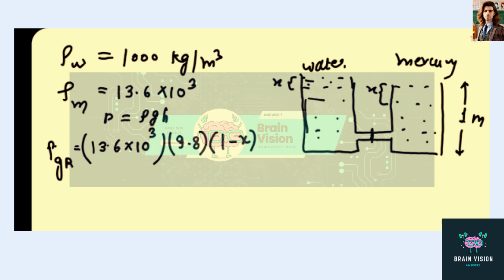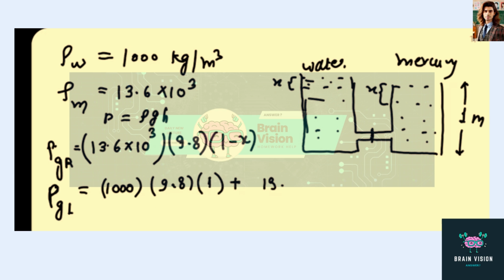And due to the water container, that is on the left side, this would be equal to 1000 multiplied by 9.8 multiplied by 1, plus 13.6 into 10 raised to power 3 multiplied by 9.8 multiplied by x.